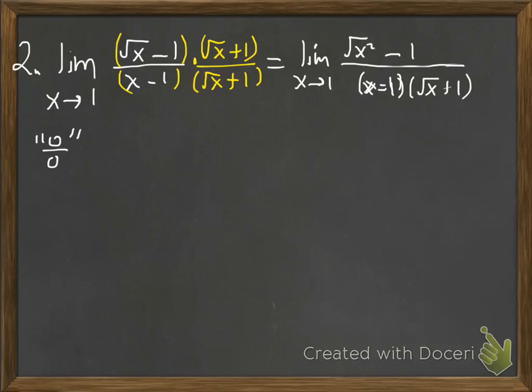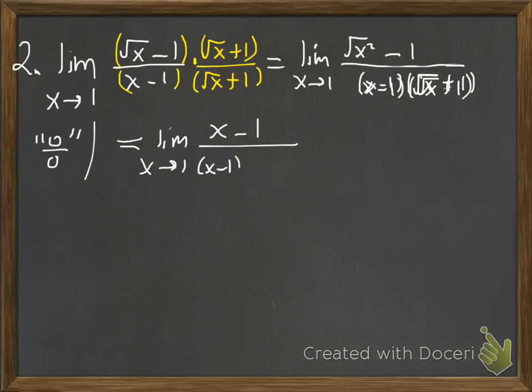All right. Okay, so this is equal to the limit as x goes to 1 of x minus 1 over x minus 1 times the square root of x plus 1.